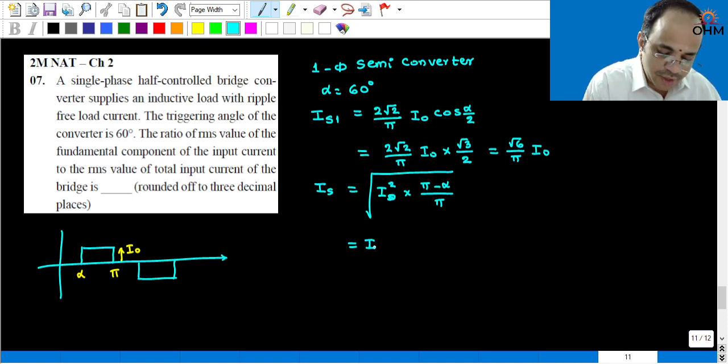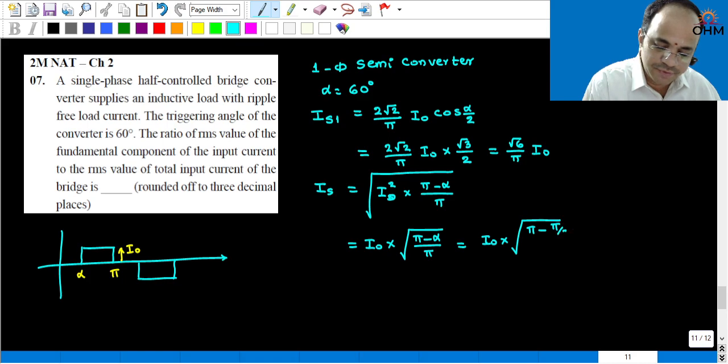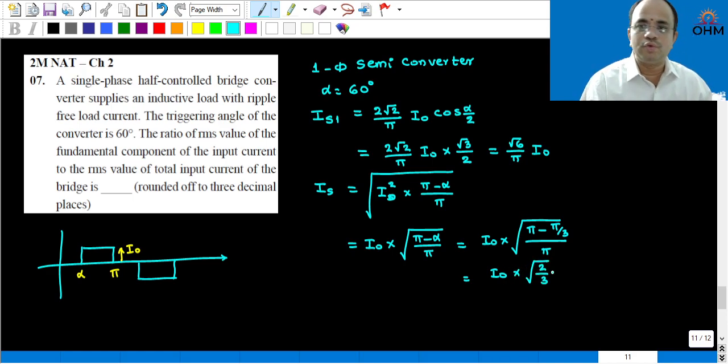So it will give you I naught multiplied with square root of pi minus alpha divided by pi. With pi minus alpha equal to pi by 3, divided by pi, it is equal to I naught into square root of 2 by 3.